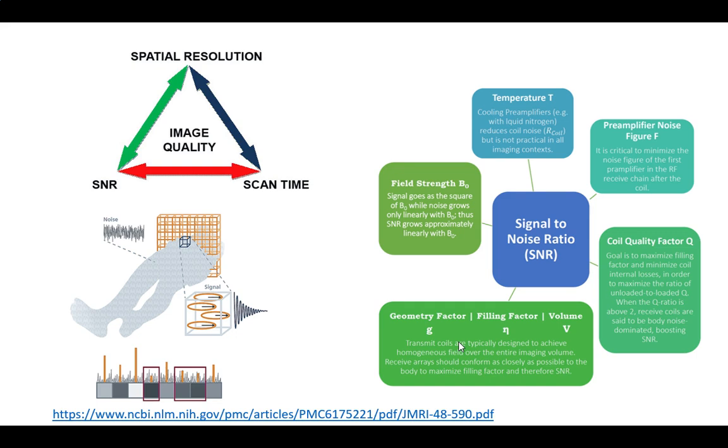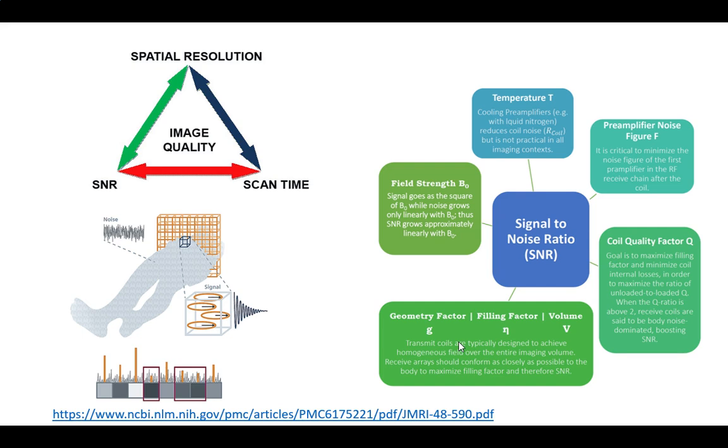There are all kinds of internal losses that happen, things of that sort. So, when you get down here, the geometry, the filling factor, the volume: what are you asking it to do? Like it mentions the fact you're trying to get this homogeneous field over the entire volume.